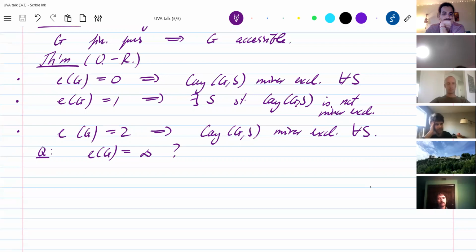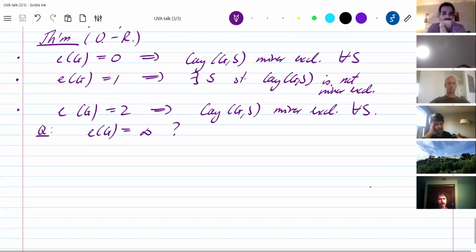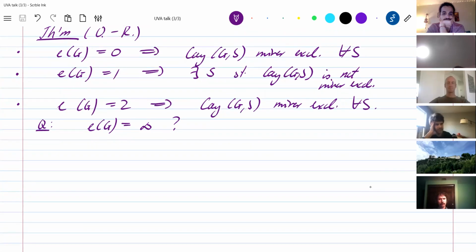Okay, any questions about that at all? No? Okay. Just to make sure I understand this notion of ends, the free group has infinitely many ends. Is it correct? Yeah, that's right. You can kind of see it for a free group.